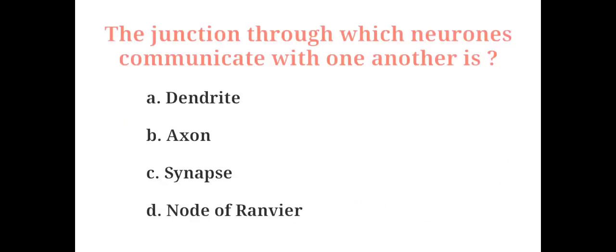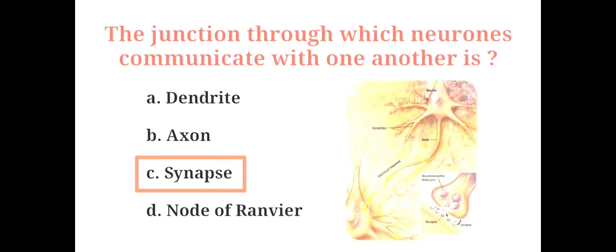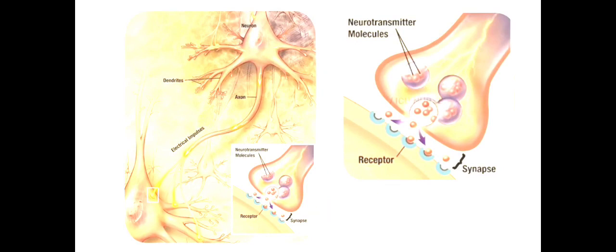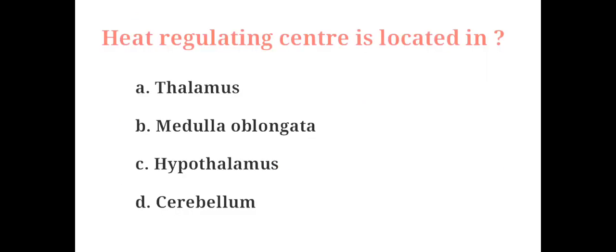The junction through which neurons communicate with one another is. The correct answer is C. Synapse. Heat regulating center is located in. The correct answer is C. Hypothalamus.